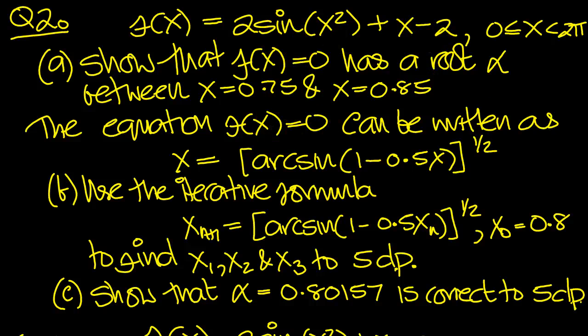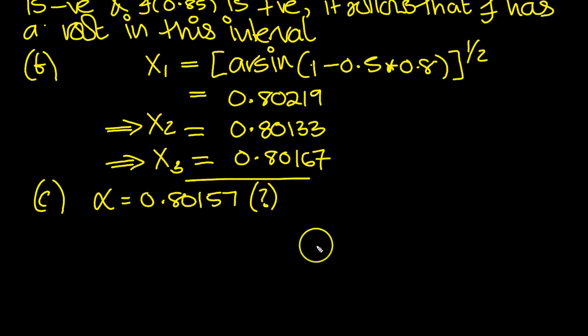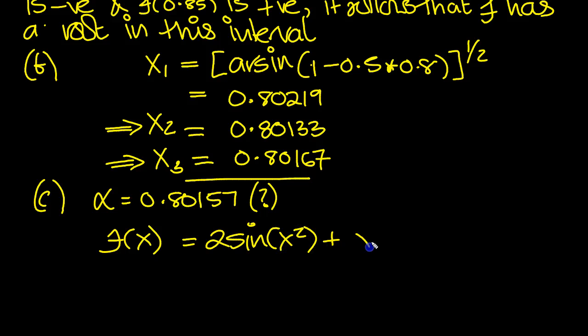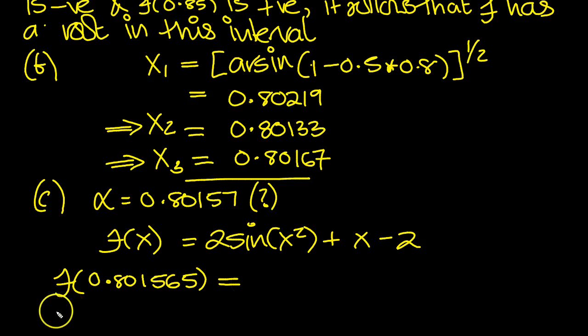Here it is. So f of x is equal to 2 sine of x squared plus x minus 2. Now we need to look at f of 0.80165, and we also need to look at f of 0.80157, and then see what happens in these two cases.